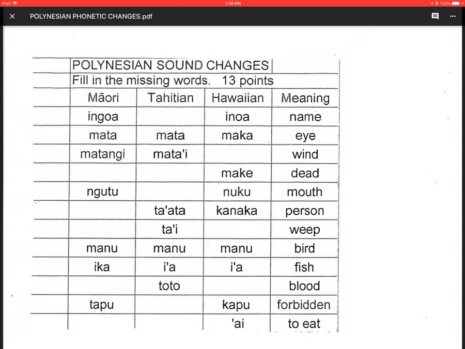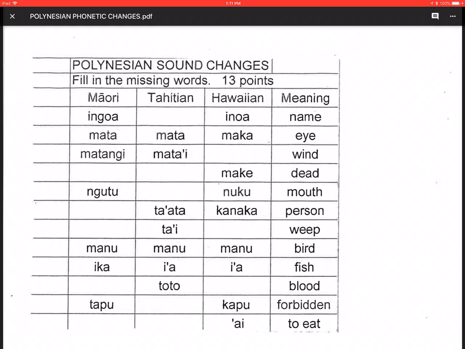But if you look at this and you see the ng in the Maori word and the simple n in the Hawaiian word, that's the difference between those two. Look on down through the chart and see if you can find anything similar. Well, if I look down to matangi and matai, we see the ng in matangi, but there is no ng in matai.